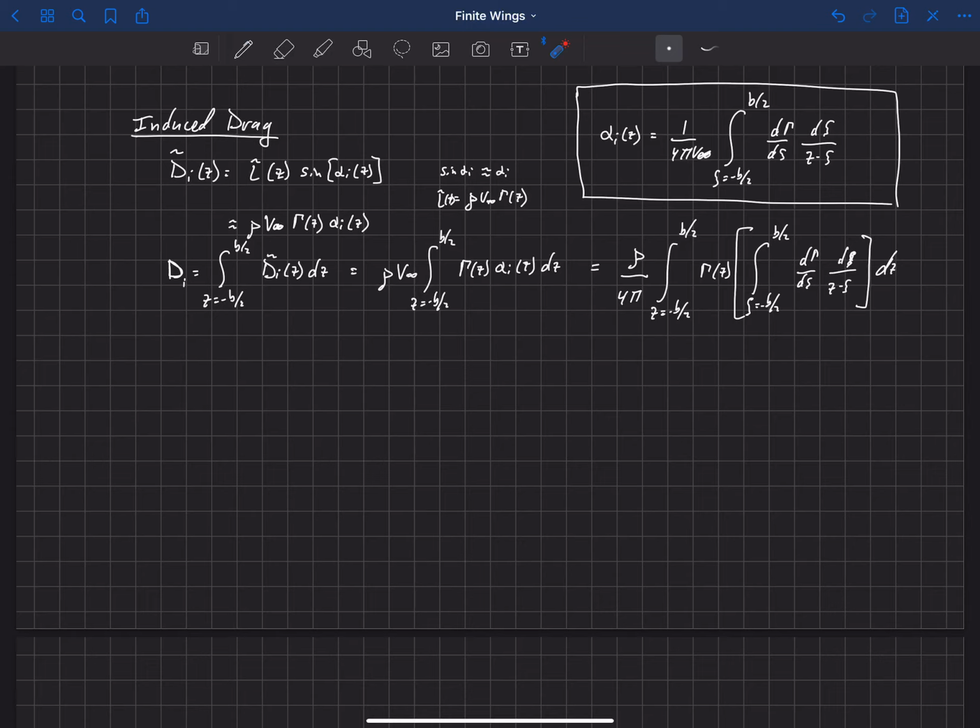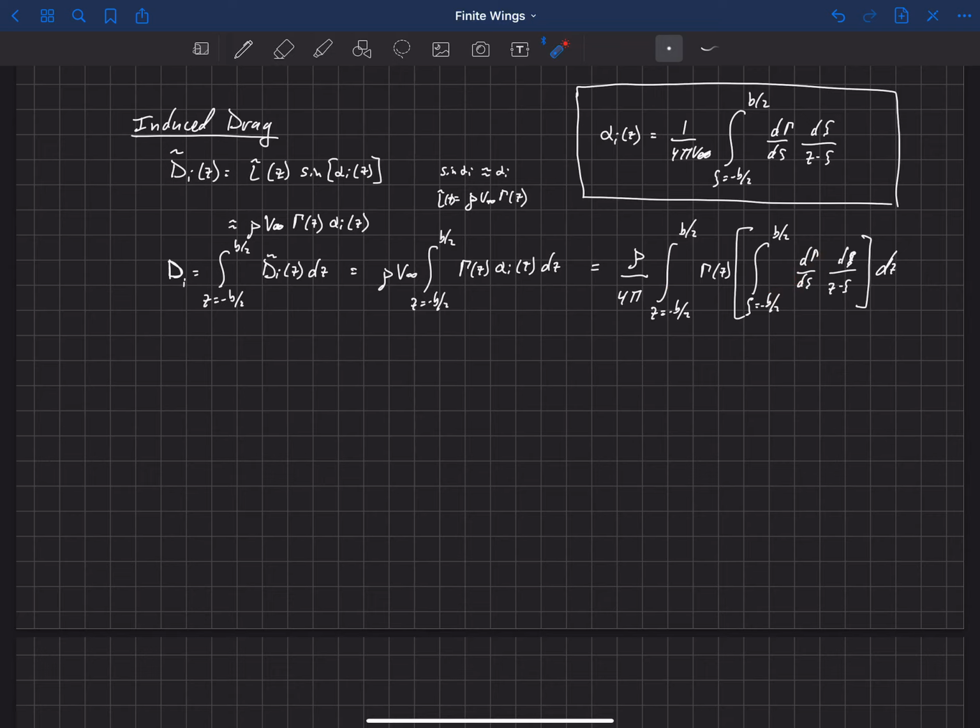We've plugged in this integral, brought these constants out front, and added them to the constants already out front. Then we have this alpha I integral inside the other integral where we're integrating in z across the wing to get the total induced drag. But at any location, it depends on another integral to get the local induced angle of attack. That's why we've got this nested integral.